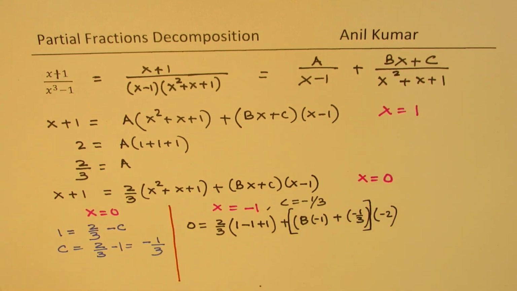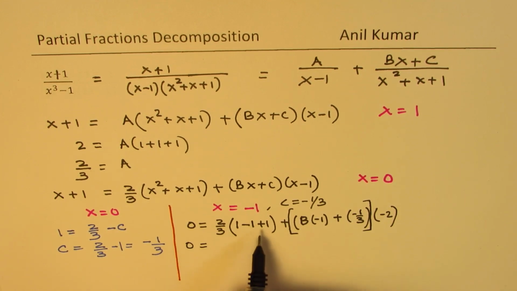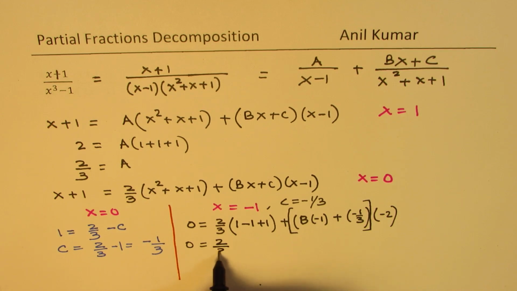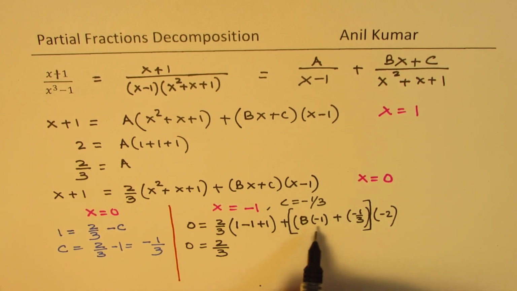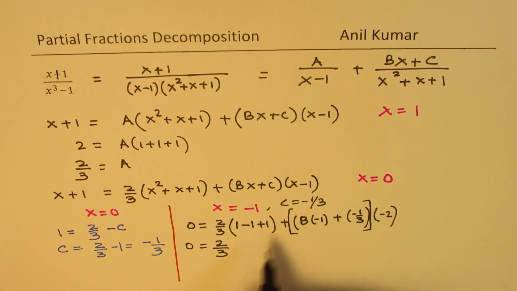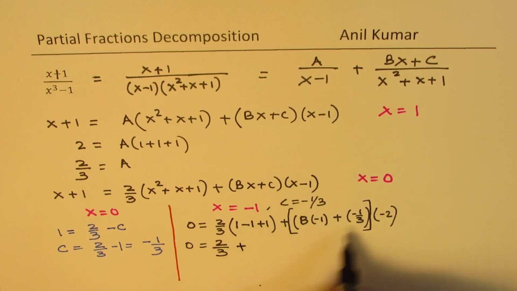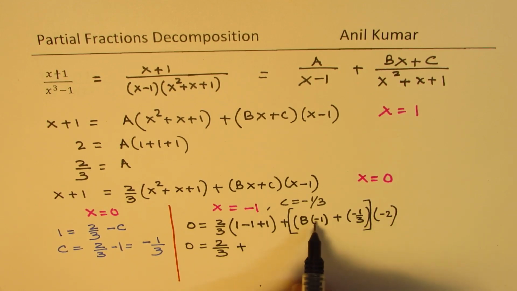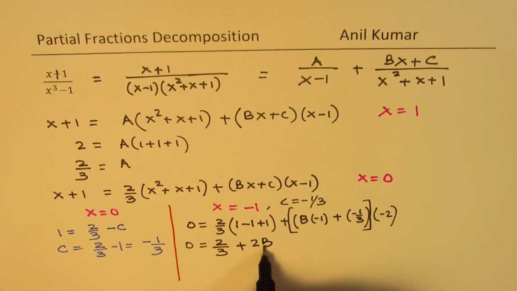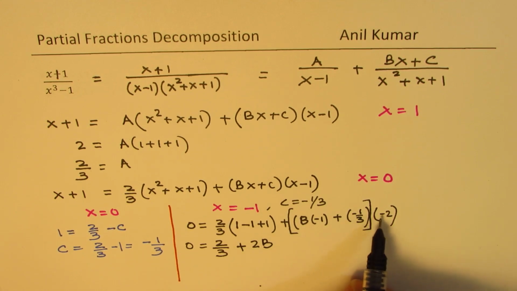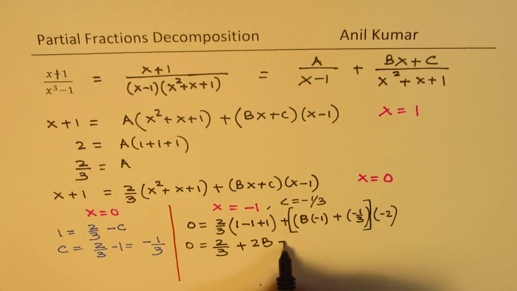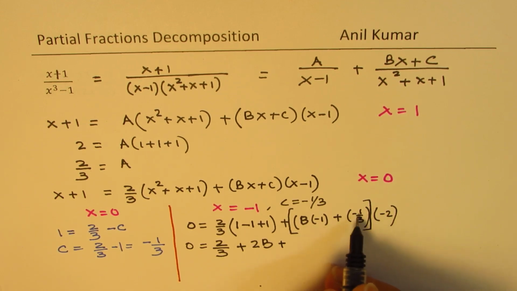Okay. So we have 0 equals, this is only 2 over 3 for us, right? Minus b times minus 2 makes it plus 2b, right? This times this is plus 2b. And here when we multiply, minus and minus becomes positive 2 over 3.